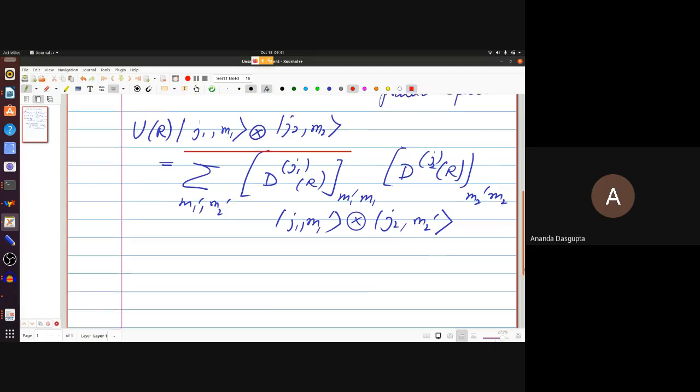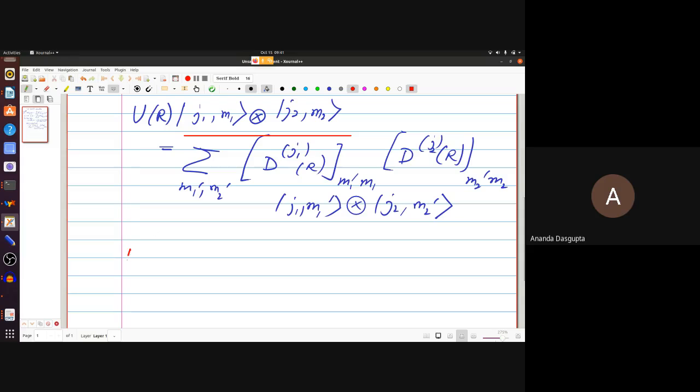So what you see is that if you want to talk about the new matrix in the direct product space corresponding to U of R, corresponding to the rotation R, well, it sort of gets a bit more complicated simply because it seems to have 4 indices.